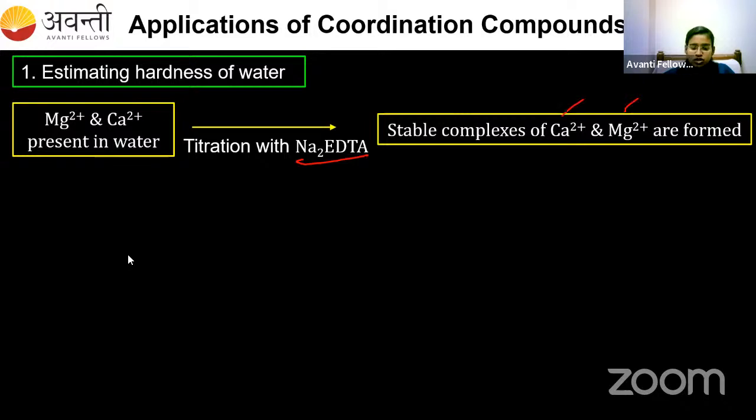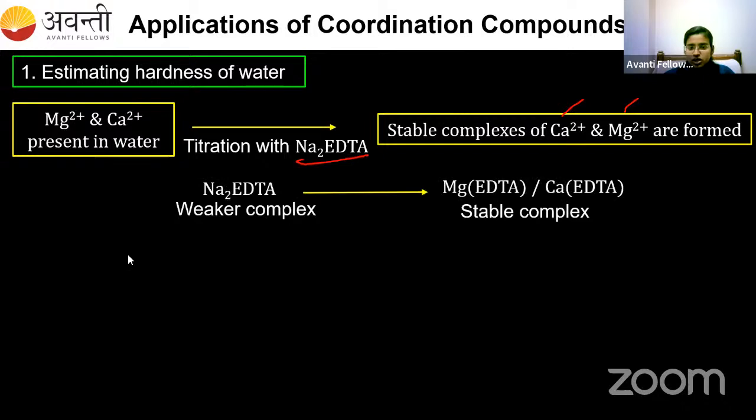After treating this complex with magnesium 2+ or calcium 2+, we get a magnesium EDTA or calcium EDTA complex, which are highly stable. The calcium and magnesium go and form bonds with EDTA.